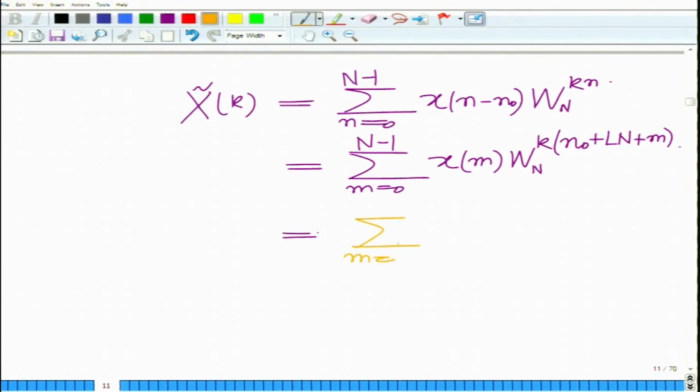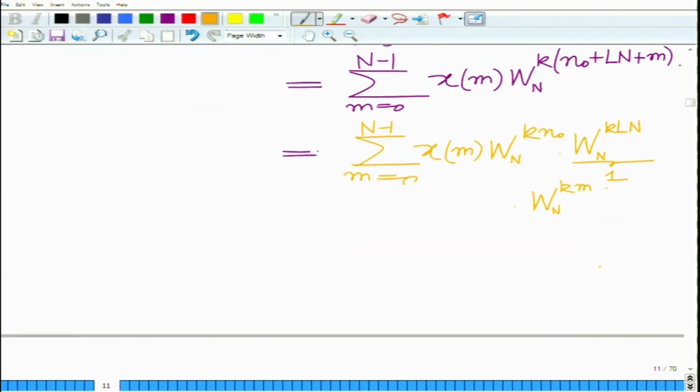This is equal to the summation m equal to 0 to N−1 of x[m] W_N to the power kn0 into W_N to the power kLN, which is 1, into W_N to the power km. Now W_N to the power kn0 comes outside because it does not depend on m.